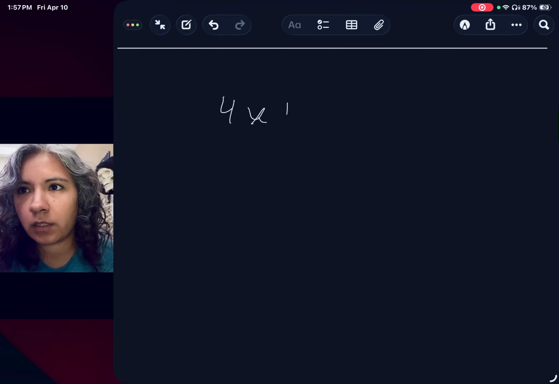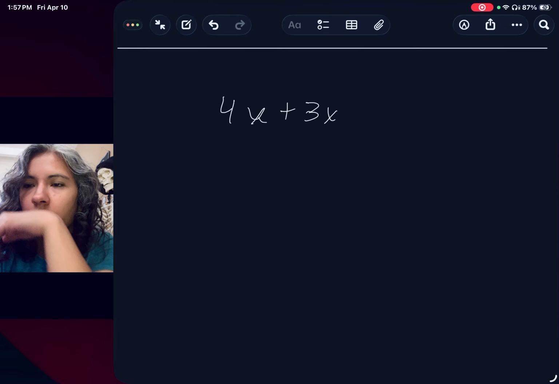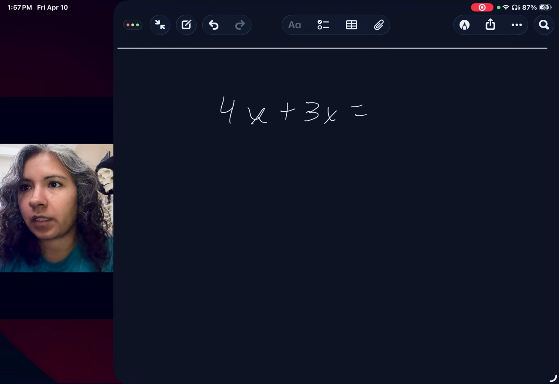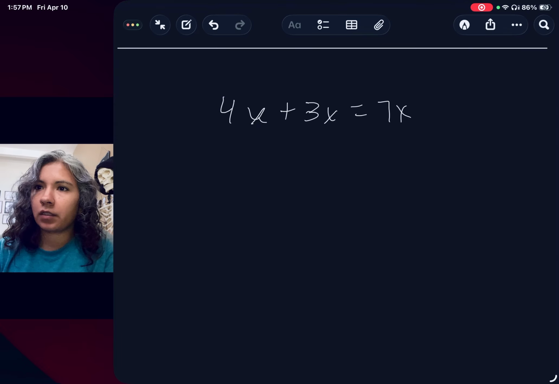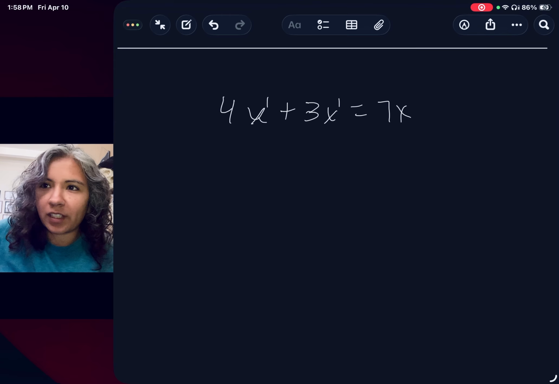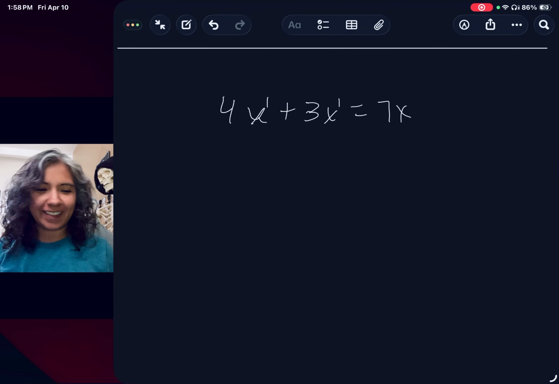So if we had something like 4x plus 3x, those are like terms, so we just add the coefficients. 4 plus 3 is 7, and our x stays the same, because these are like the super secret ninja one that we don't write.